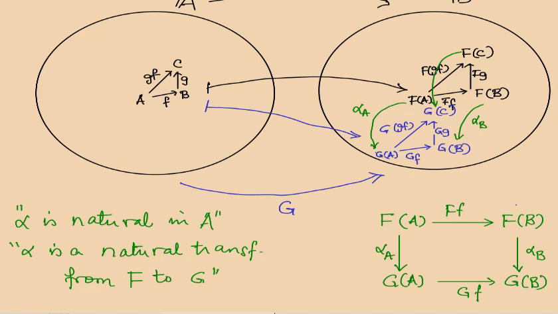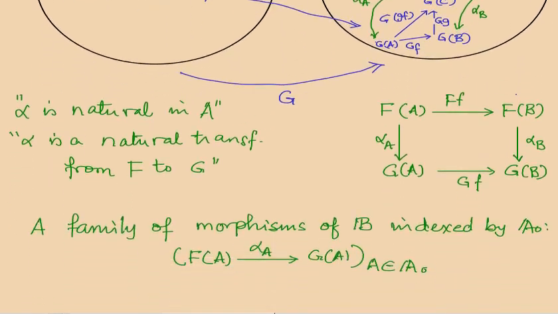So the change from FA to GA is actually preserving the change of the arguments from A to B. Right? So in that sense, I am saying it is natural.